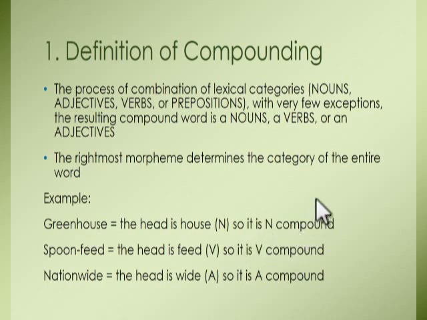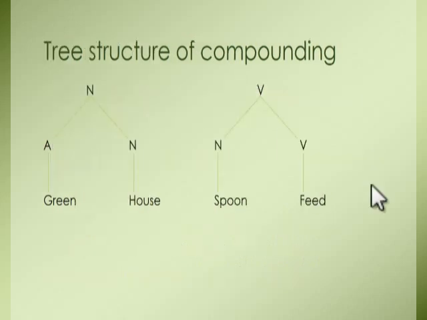So how do we make the tree structure of compounding? When we want to see the structure of compounding, we have to draw the tree structure as usual. Yeah, this is the same process as when you create the tree structure in the other morphological phenomena.